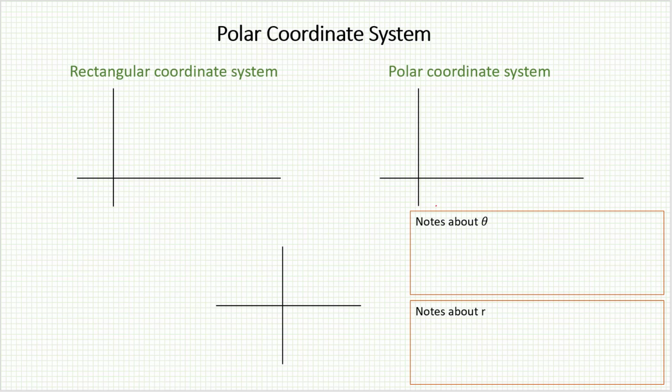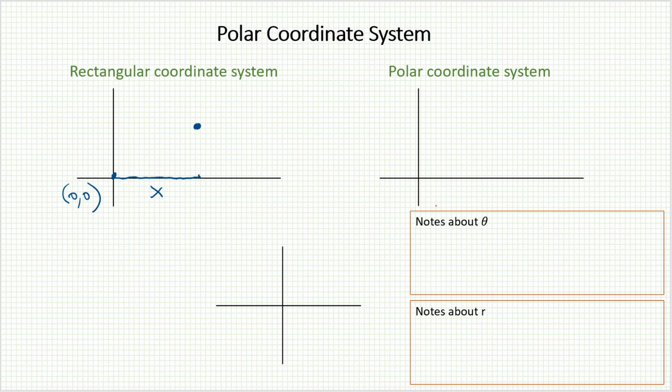Polar coordinate system. We are very familiar with the rectangular coordinate system, which is the normal XY method for locating points in the plane. For example, if I had some point right here and I wanted to describe to somebody its location, I would say, well, start here at the origin, otherwise known as 0, 0, and then walk to the right or left a distance of x units as necessary.